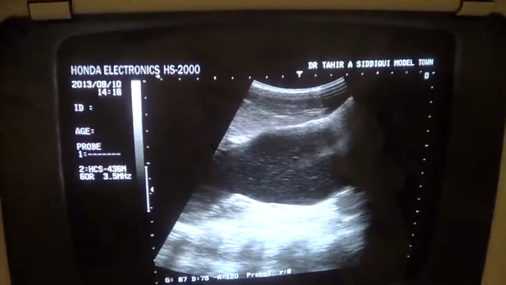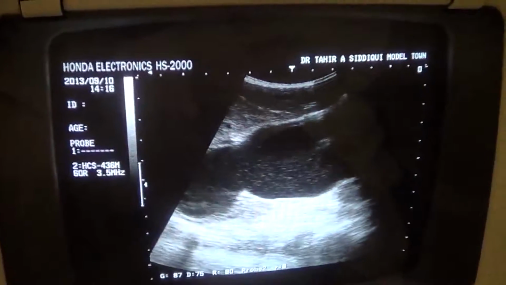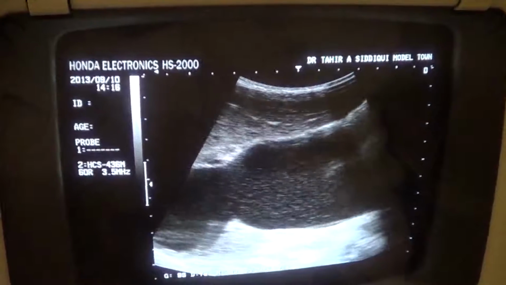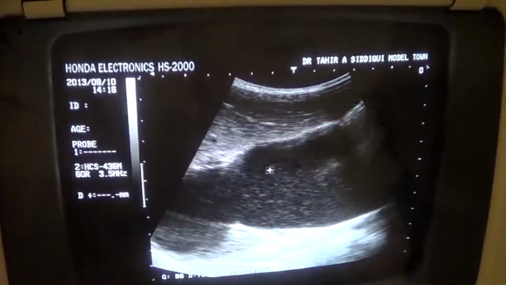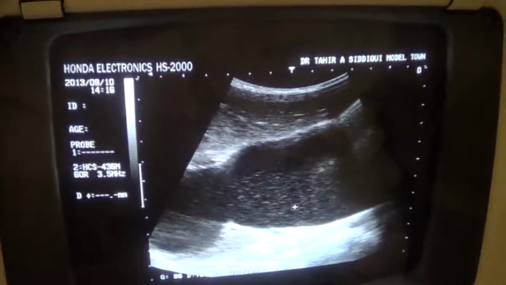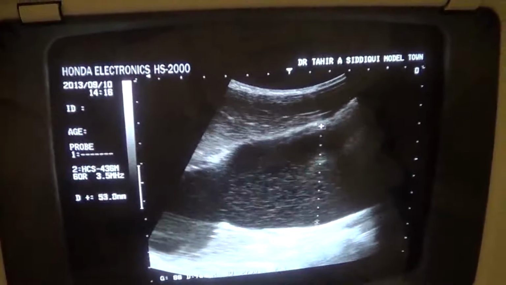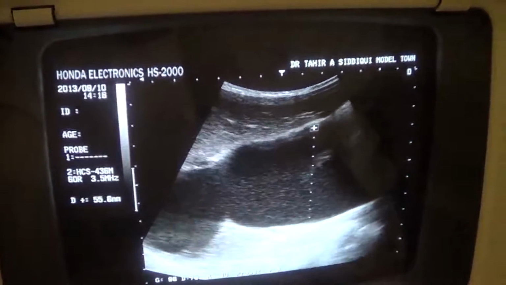This is the pelvis of the kidney. You can see floating low-level echoes in this dilated pelvis. Now the pelvis is dilated up to 55 millimeters.